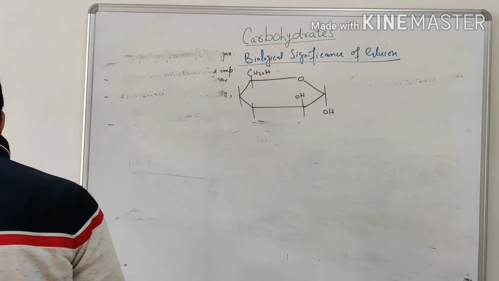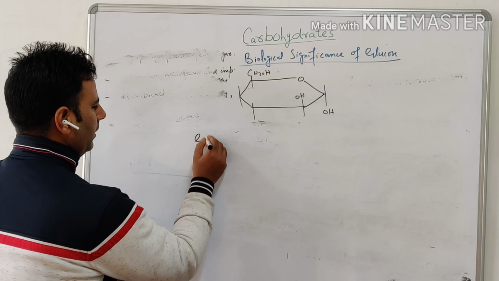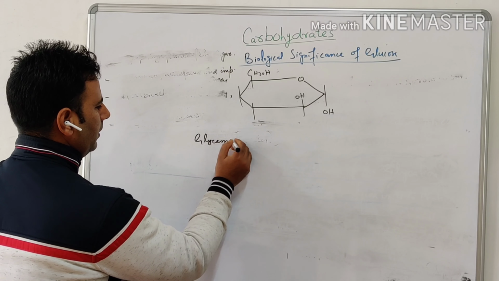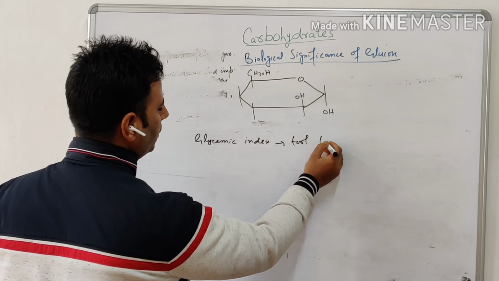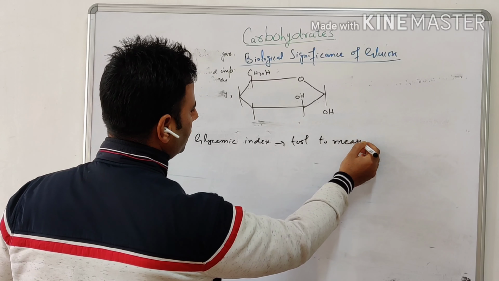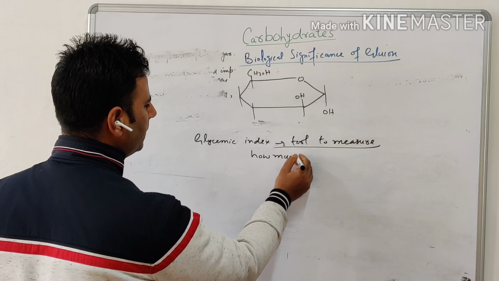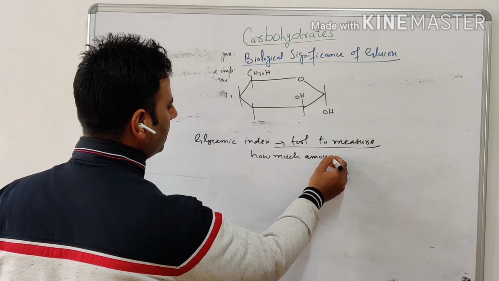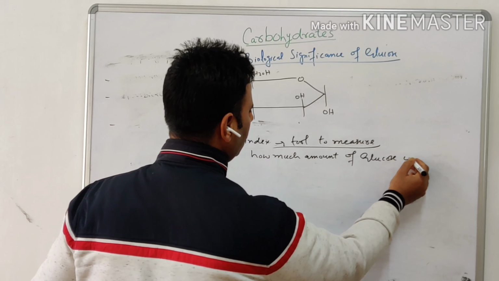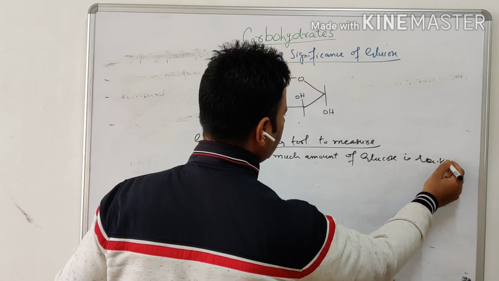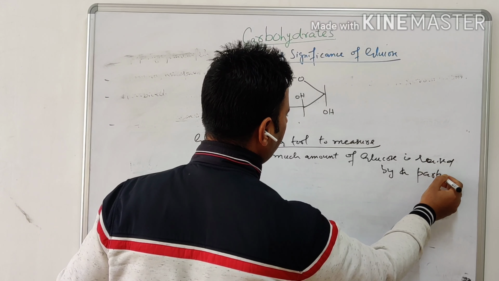The glycemic index is a tool to measure how much glucose is raised by a particular food.